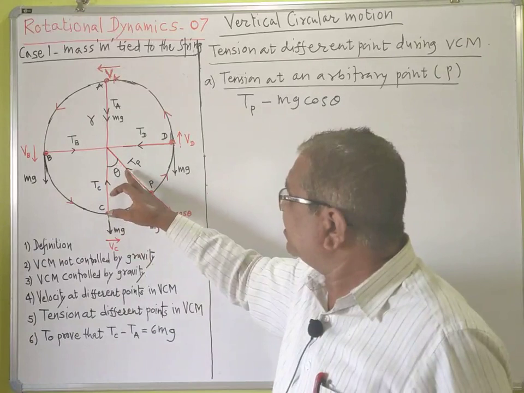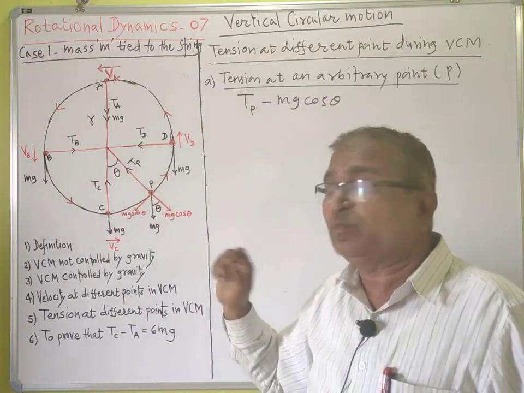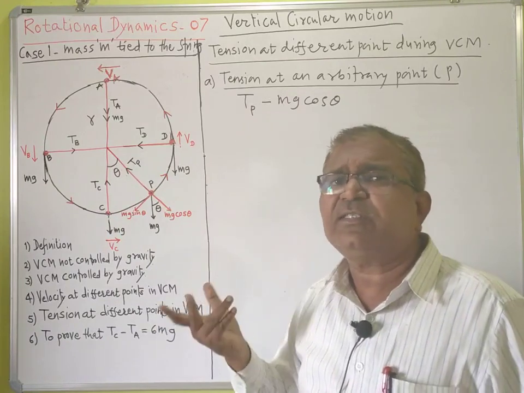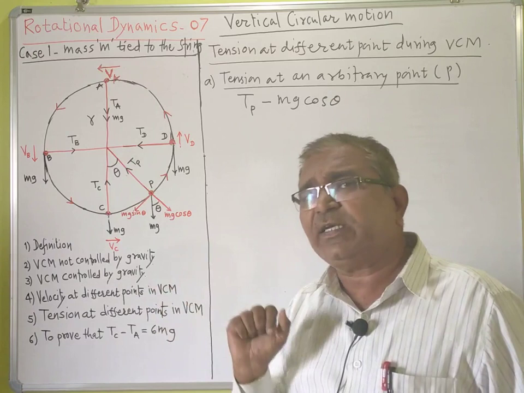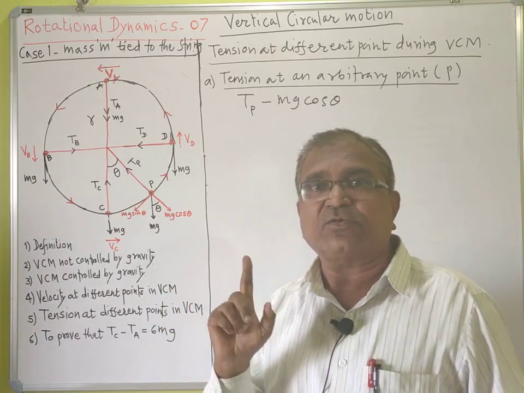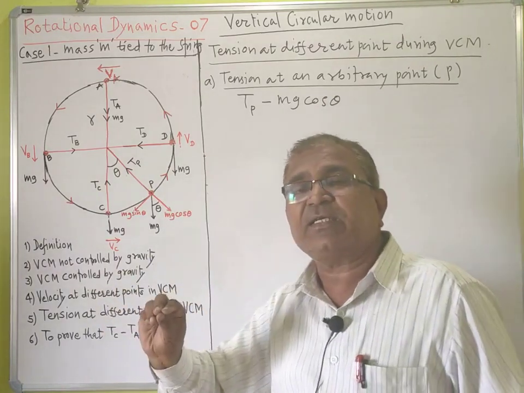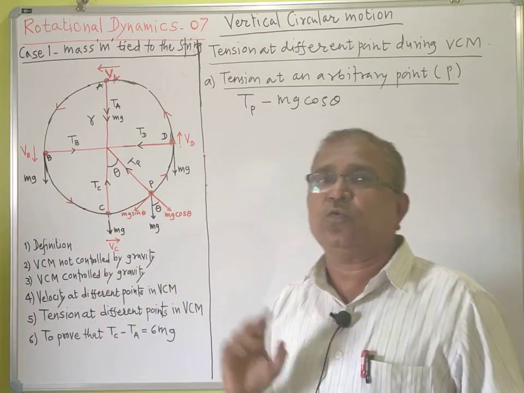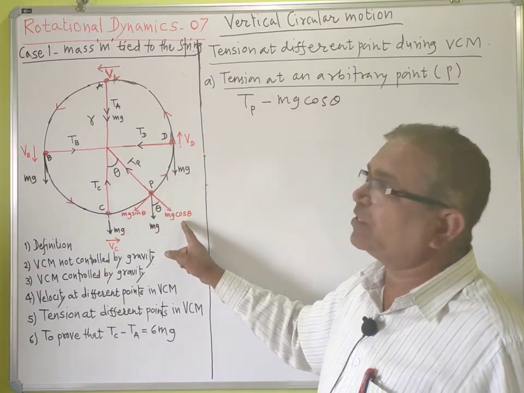If it is smaller, then there may be a possibility of breaking the string, but this is not happening. And if the string breaks, then there is no vertical circular motion. To get a satisfactory vertical circular motion and a satisfactory centripetal force, Tp should be greater than mg cos theta.